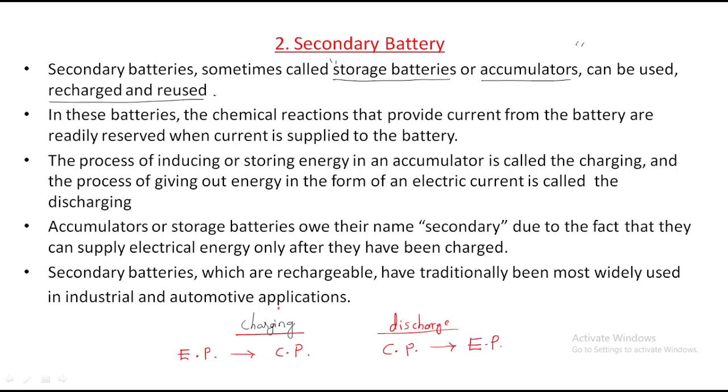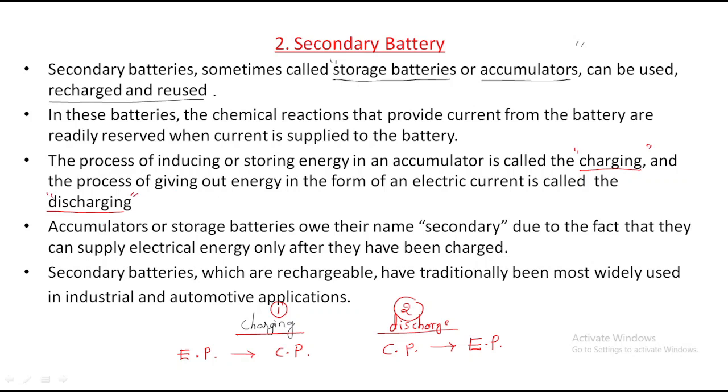So one is possible and the other is also possible. The process of inducing or storing energy in an accumulator is called charging. The process of giving out energy in the form of electric current is called discharging.